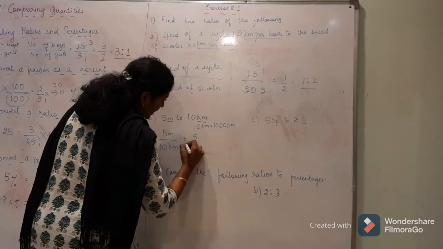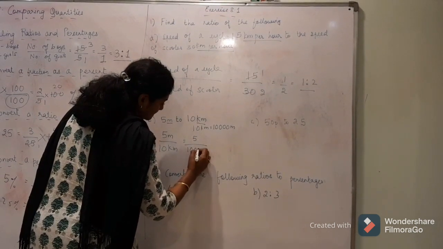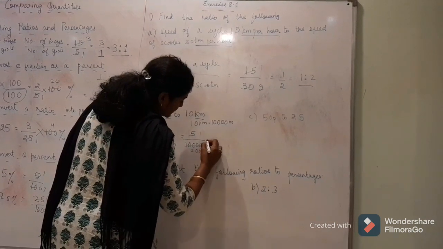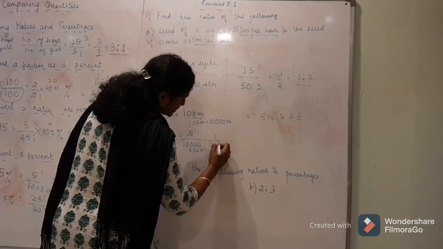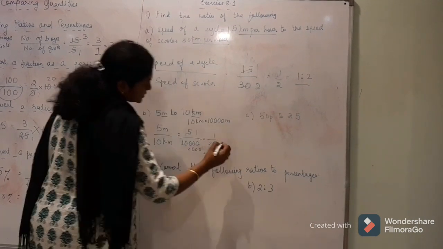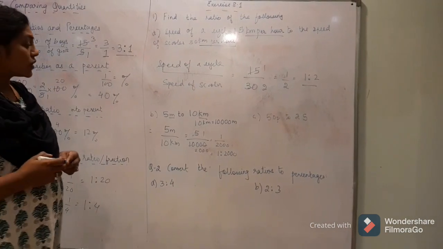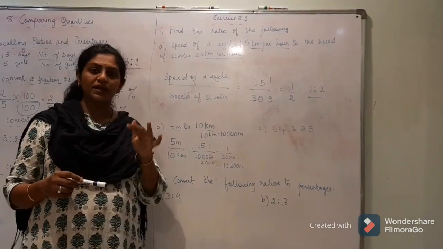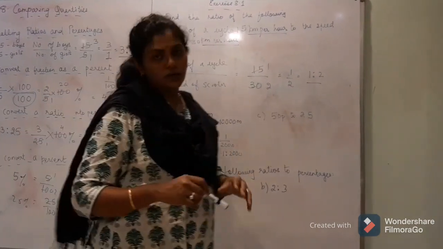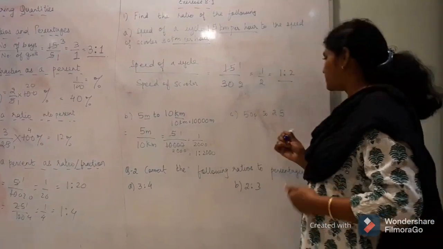So that is 5/10000. So it is 1/2000 and that is 1:2000. Right? तो आप जब न्यूमरेटर और डिनोमिनेटर ले रहे हो, unit of both numerator and denominator must be same.